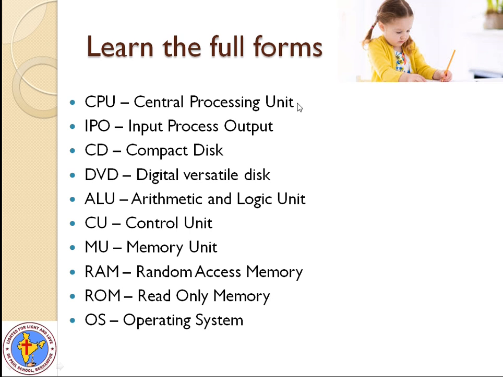So CPU, central processing unit; IPO, input process output; CD, compact disc; DVD, digital versatile disc; ALU, arithmetic and logic unit; CU, control unit; MU, memory unit; RAM, random access memory; ROM, read-only memory; OS, operating system. These full forms are very important. I hope you will practice these full forms at least 3 times, each full form 3 times.